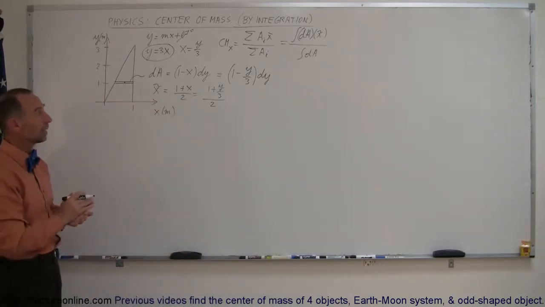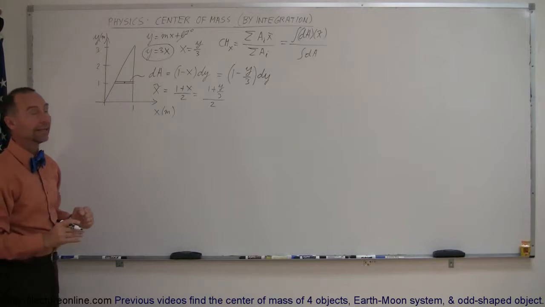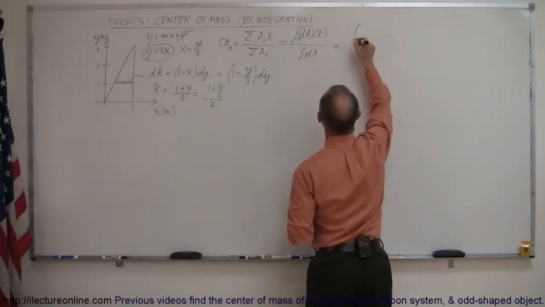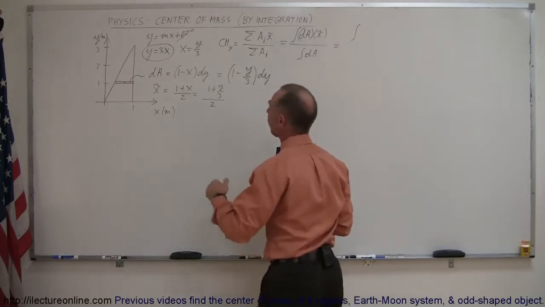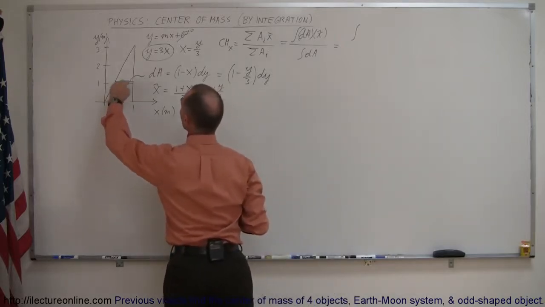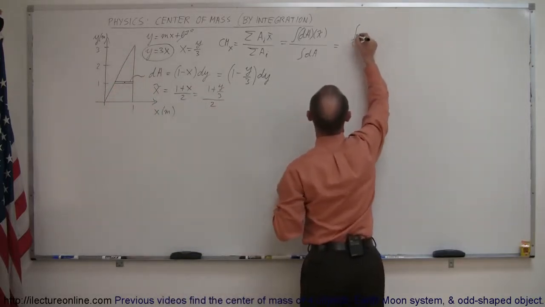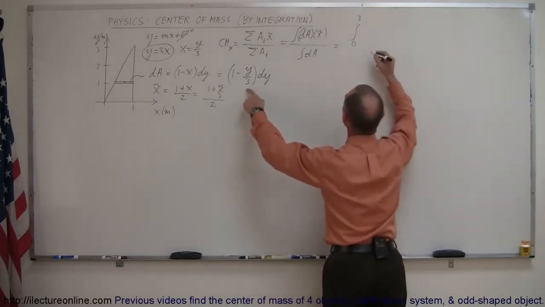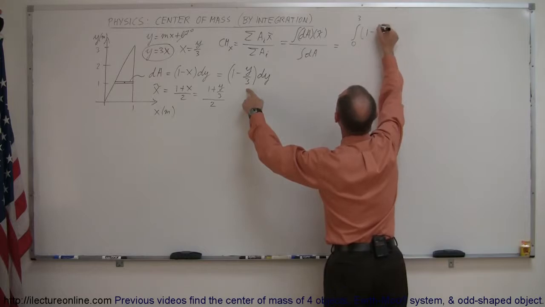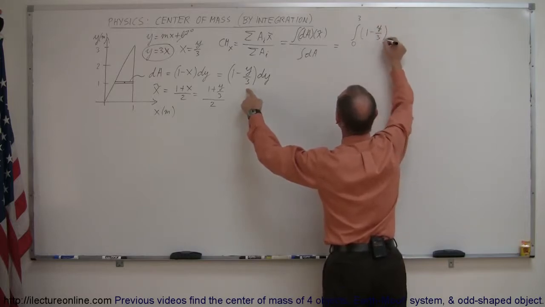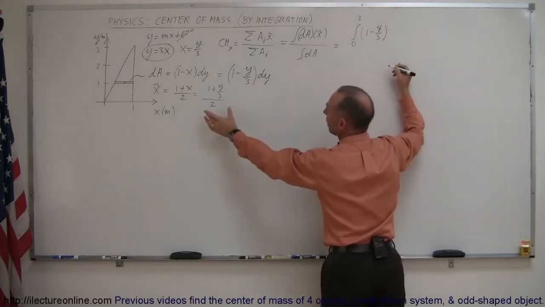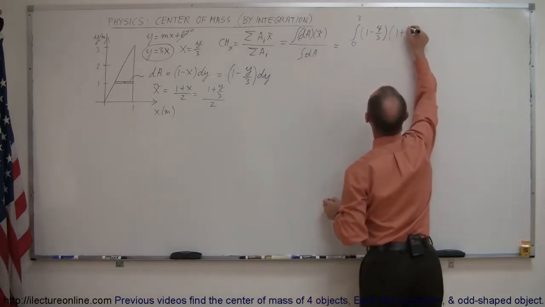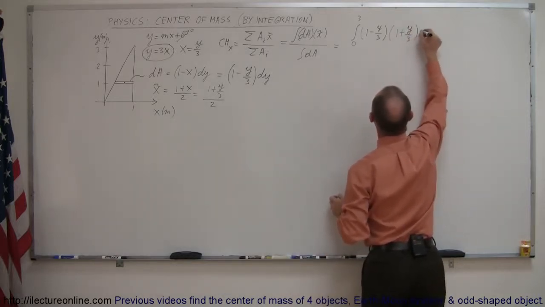Okay, now knowing that, we can plug that into our integration. So this is going to be equal to the integral, and I'm going to integrate over the y variable, and the y goes from 0 to 3. So from 0 to 3 of the dA, and the dA is going to be equal to (1 minus y over 3) times dy, times the x coordinate, which is (1 plus y over 3).